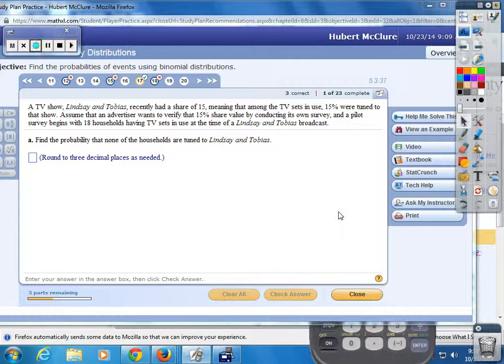The pilot survey begins with 18 households. Find the probability that none of the households are tuned to Lindsay and Tobias. So what would none be? 18, 0.15, and 0. So do that.